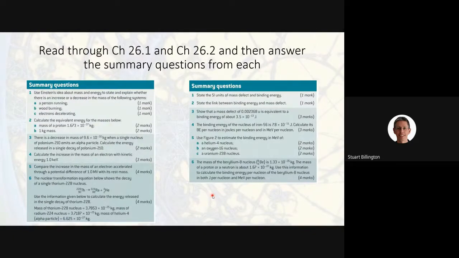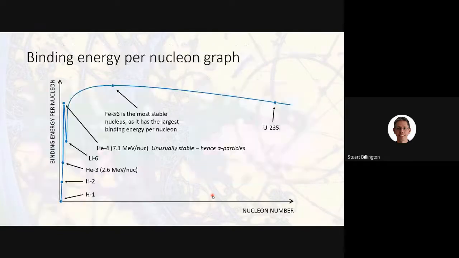Answers are at the end of the PDF that's on the classwork page on Classroom. And once you're happy with those calculations and you've got a feeling for how to convert between the units of atomic mass units, kilograms, joules, and electron volts, once you're happy with that side of things, we're going to push on Wednesday to using this graph and turning our attention to energy calculations for fission events and fusion events.